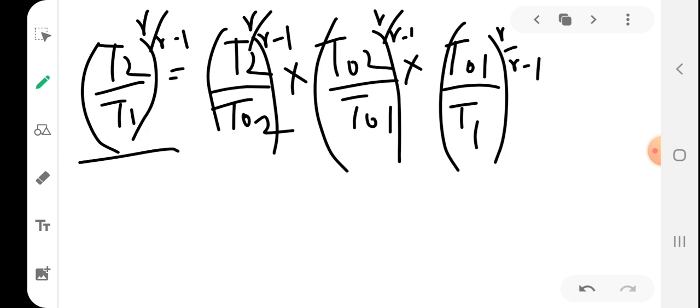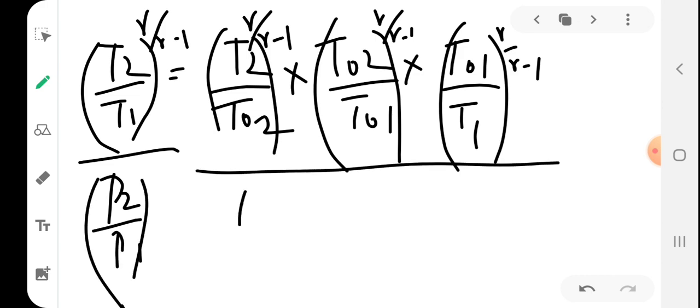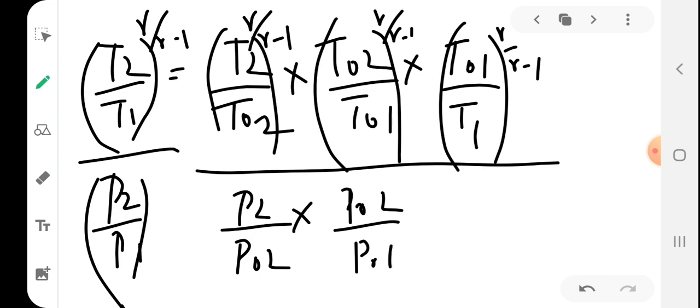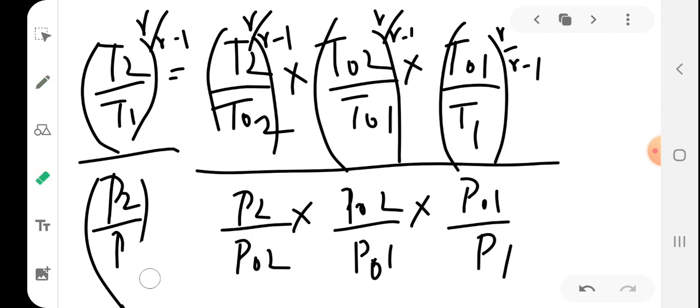The whole divided by, if you add P2 by P1, it means you divide by P2 by P02 into P02 by P01 into P01 by P1, right? If you multiply this, you will get P2 by P1 only, right?